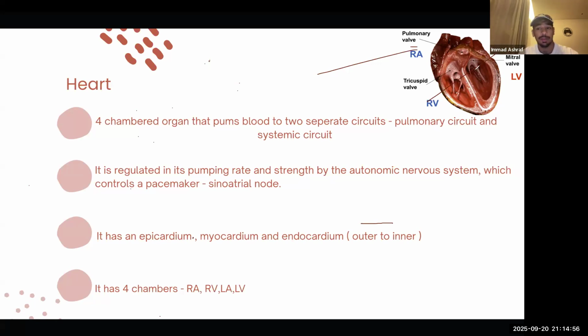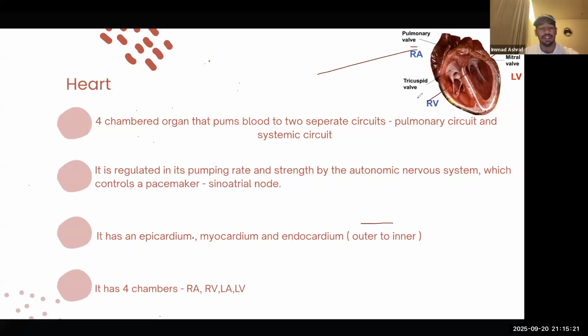So between the left atrium and the left ventricle, you have a valve called the mitral valve, also called the bicuspid valve because it has 2 cusps. And then between the right atrium and the right ventricle, you have the tricuspid valve, which is called the tricuspid because you have 3 cusps, right? So it prevents the backflow of blood when the ventricles are contracting, because they contract so forcefully, you don't want the blood to go back into the atrium. You want it to move forward.